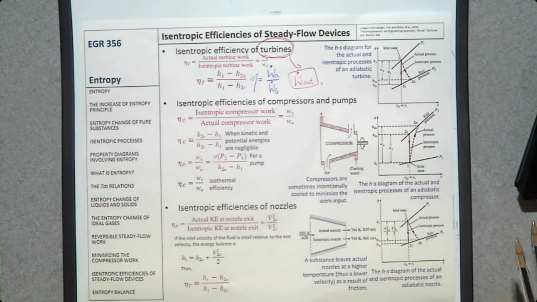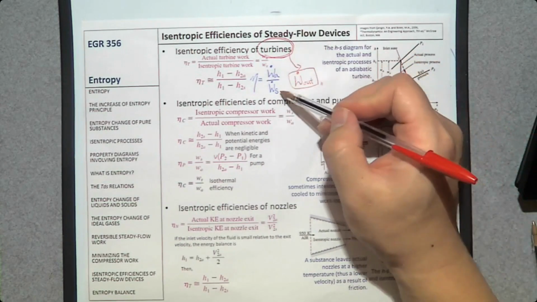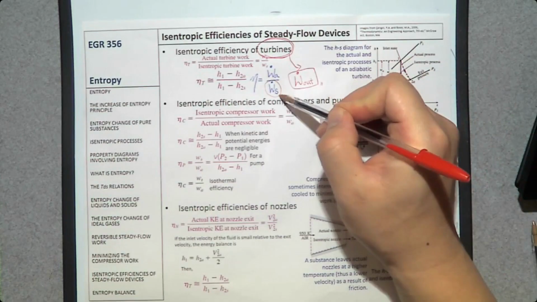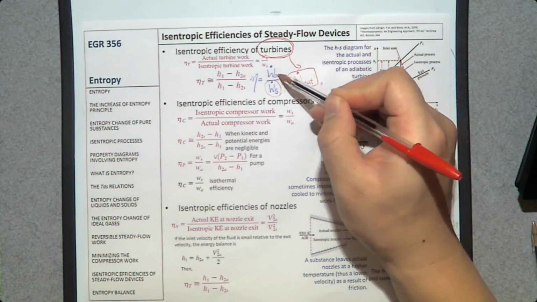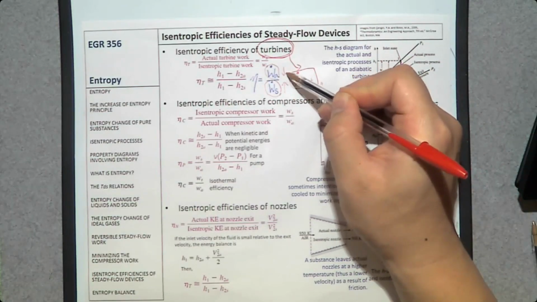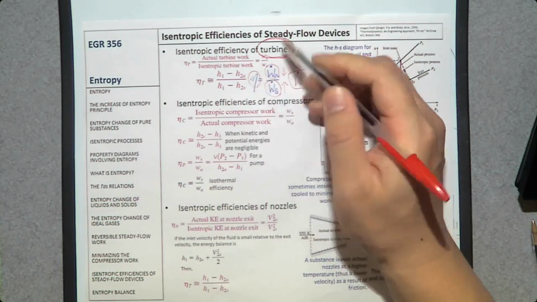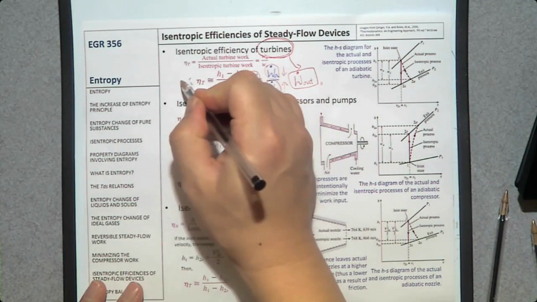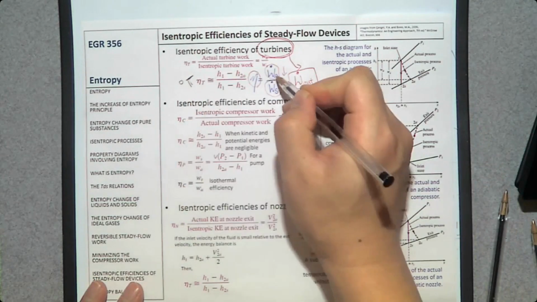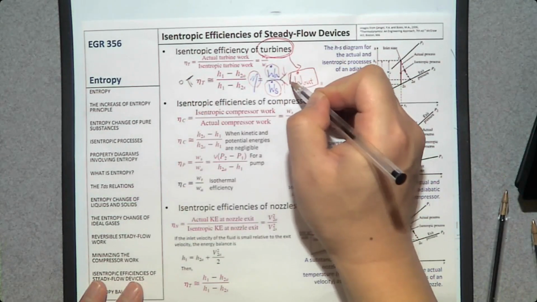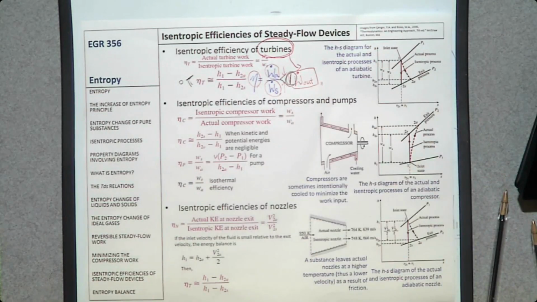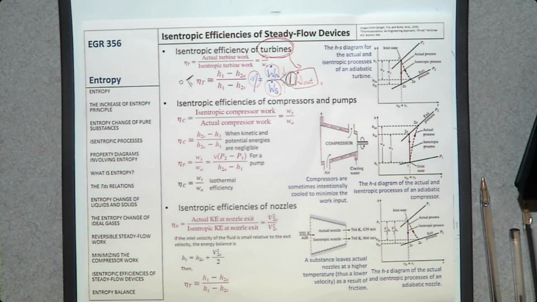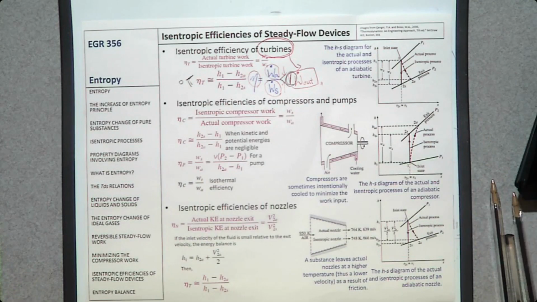Of course, an isentropic turbine is going to produce more power than the actual turbine. So this isentropic efficiency has a value between 0 and 1. 1 means the actual turbine can produce as much power as an isentropic turbine. That means the turbine is an isentropic turbine.